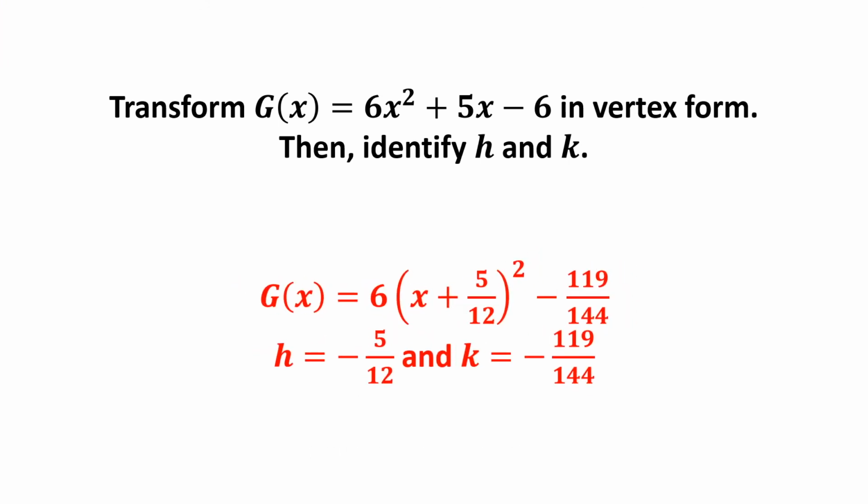The vertex form of g of x is equal to 6x squared plus 5x minus 6 is g of x is equal to 6 quantity x plus 5 over 12 quantity squared minus 119 over 144. h is equal to negative 5 over 12 and k is equal to negative 119 over 144.